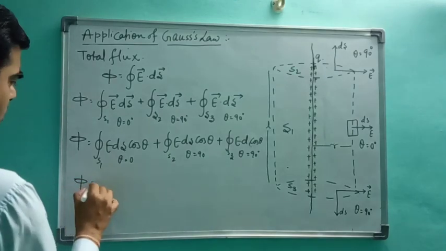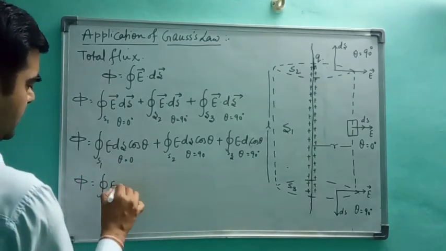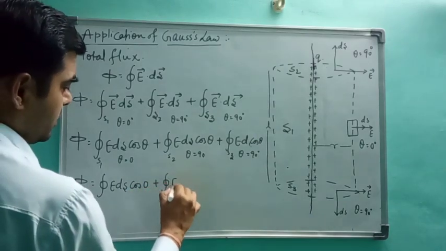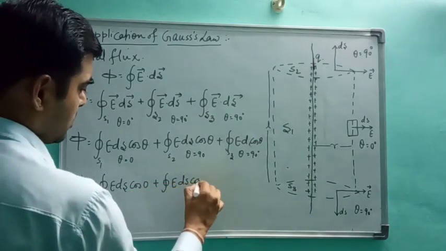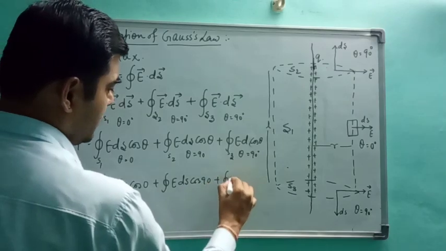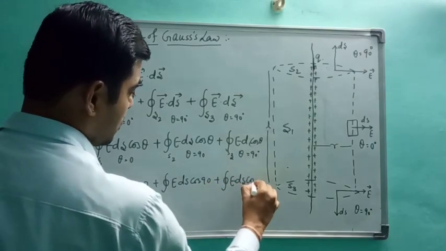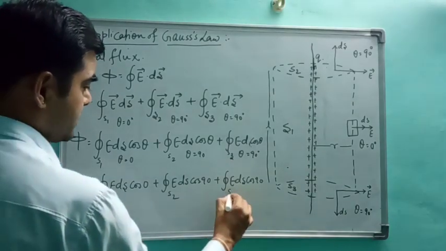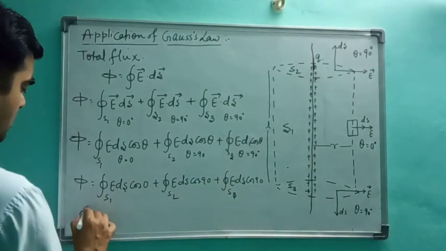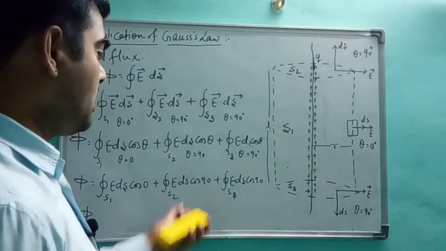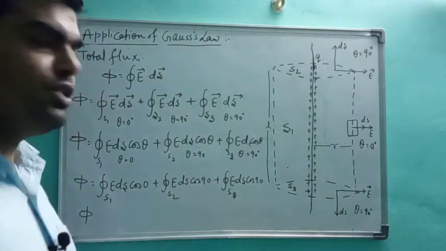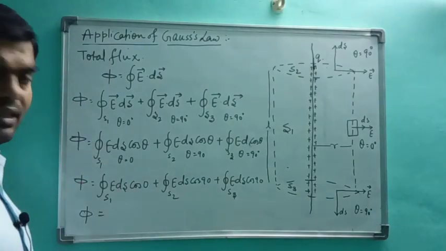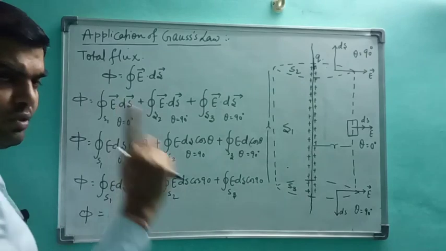Now phi is equal to E ds cos 0, E ds cos 90, E ds cos 90, for S1, S2 and S3. My dear friends, the S2 and S3 terms are 0 because cos 90 is equal to 0. Only S1 remains, because cos 0 is equal to 1.